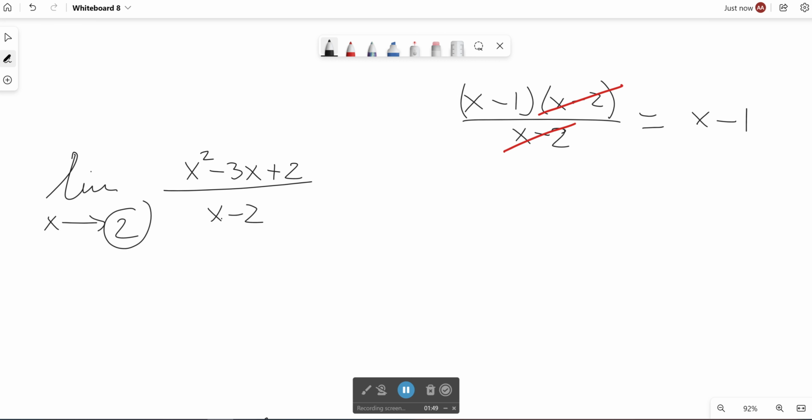So the way this works is I turn my limit as x approaches 2 of f of x into the limit of a factor.